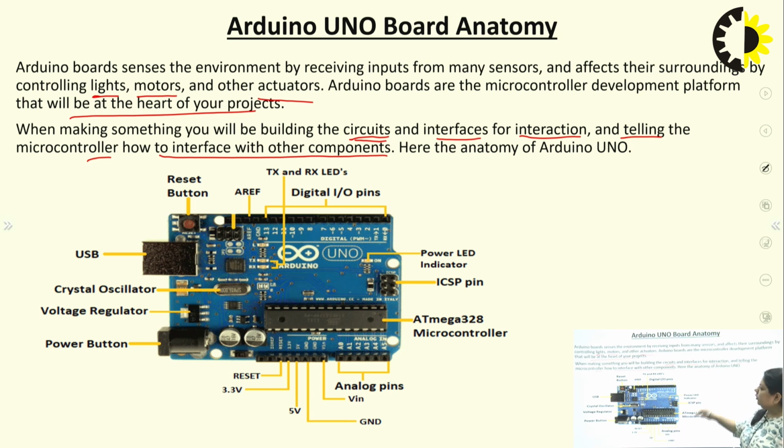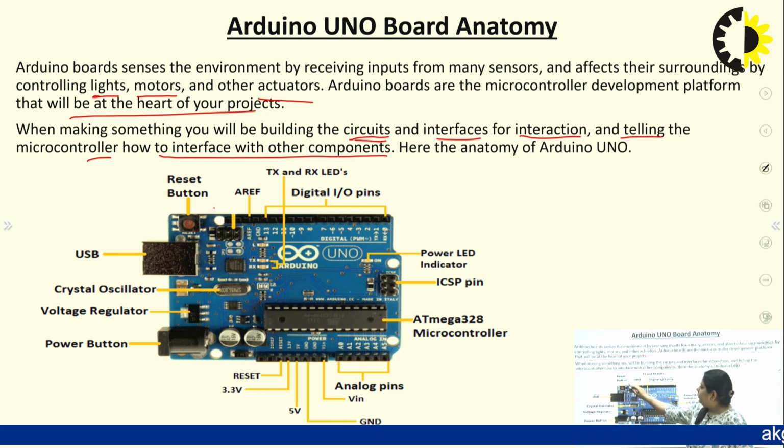Here is the anatomy of the Uno board. You can see a red reset button, TX and RX LEDs, and digital IO pins from 0 to 13. Then there is the power LED indicator, which glows whenever you power on.